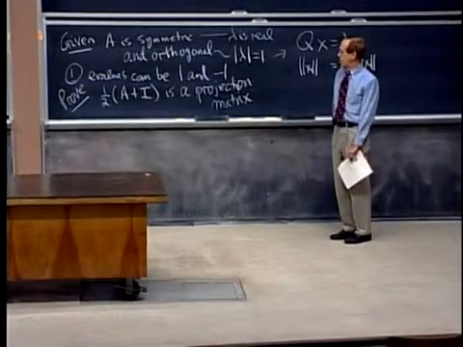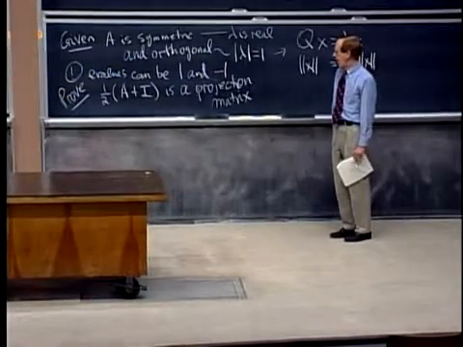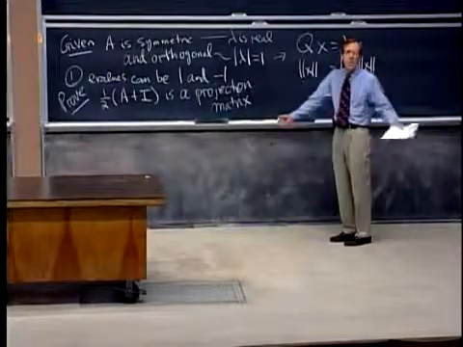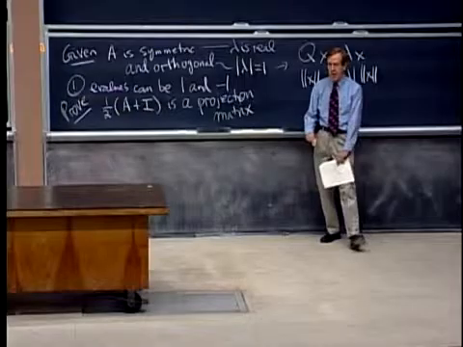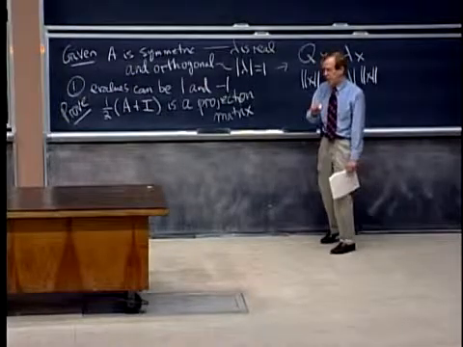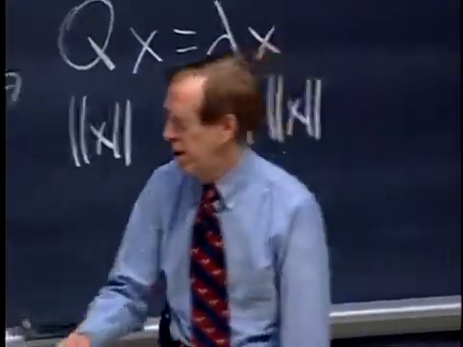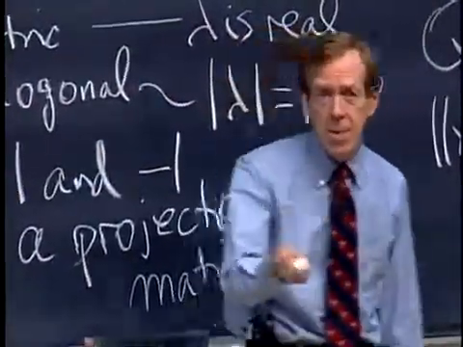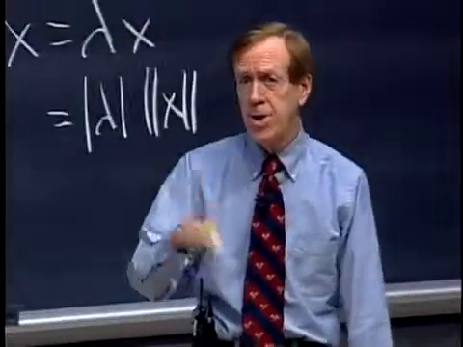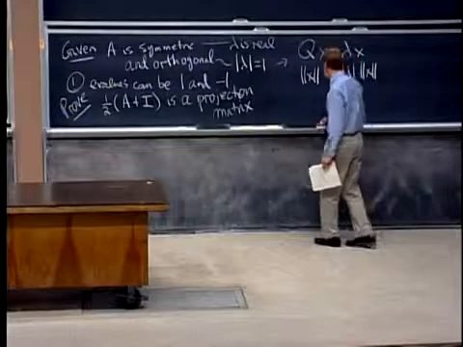Let's see. What do I do? I could see 2 ways to do this. I could check the properties of a projection matrix, which are what? A projection matrix is symmetric. Well, that's certainly symmetric because A is. And what's the other property? I should square it and hopefully get the same thing back.